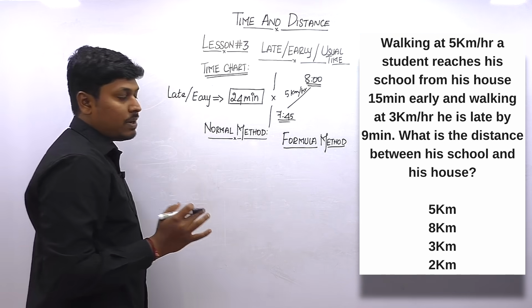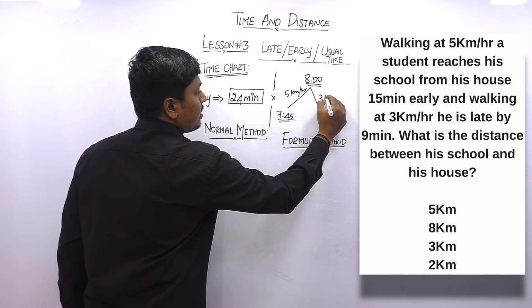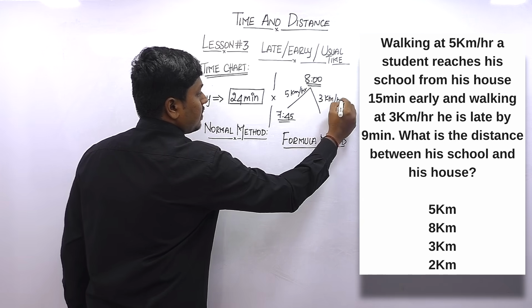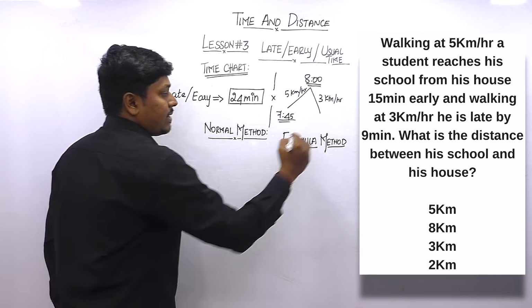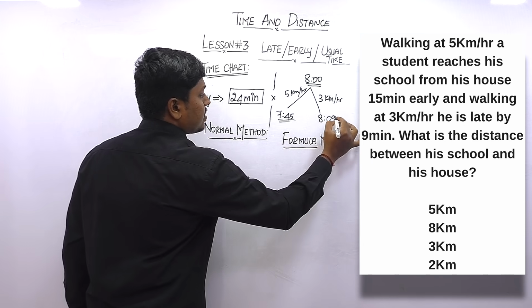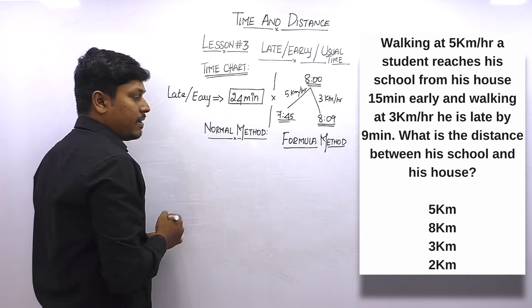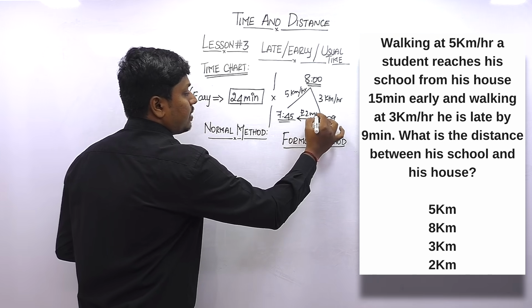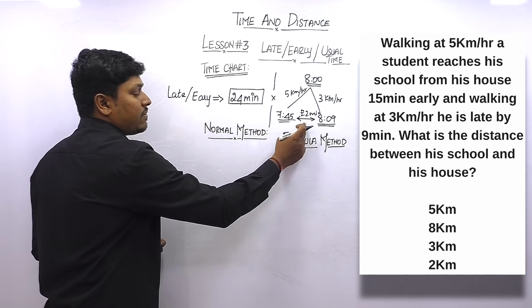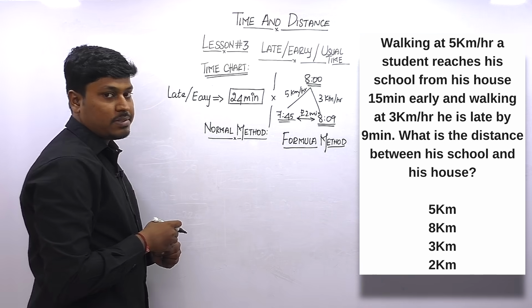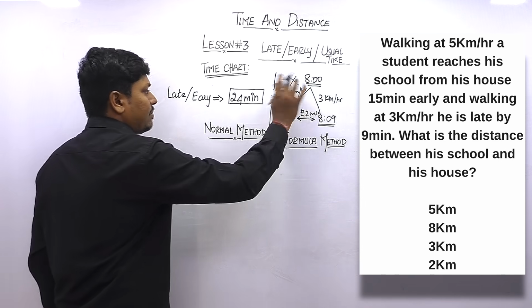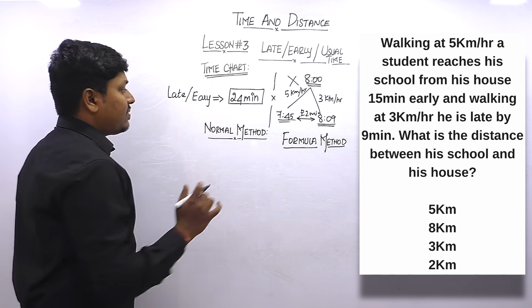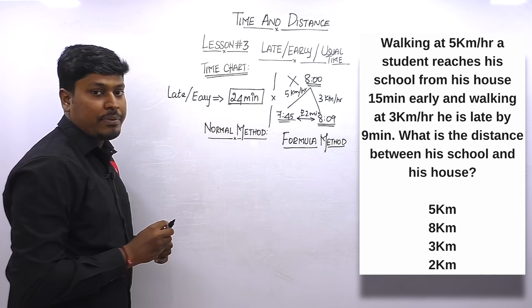And if his speed is 3 km per hour, he reaches the school 9 minutes late, that is 8:09. Now the time difference between both timings will be 24 minutes. So this is not required, but anyway learn this also. So finally the time difference will be 24 minutes.